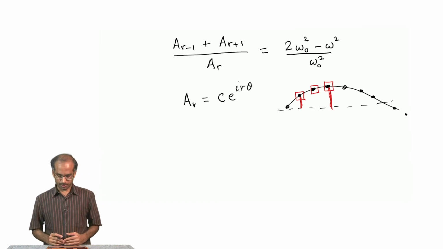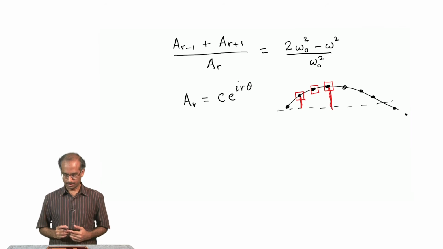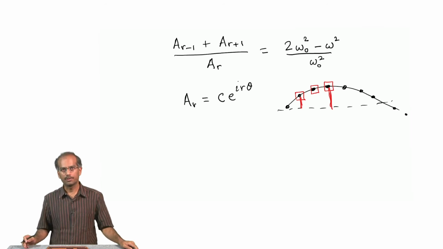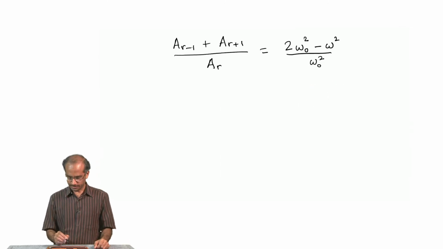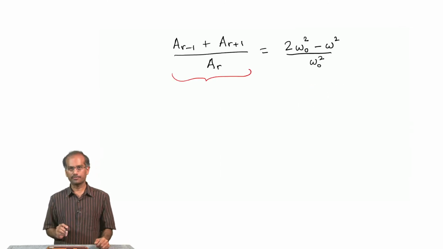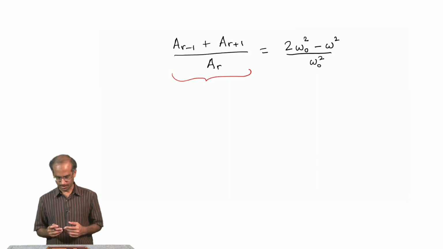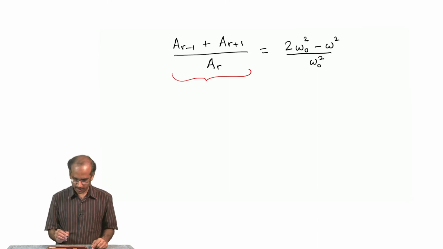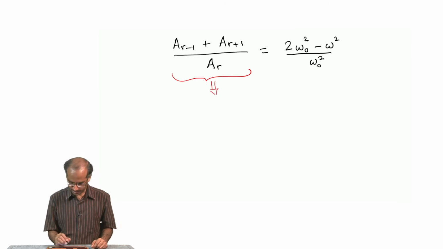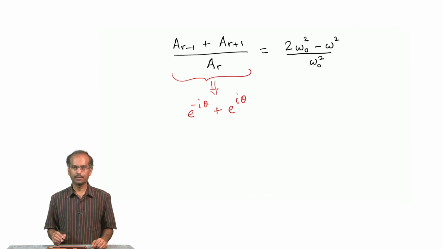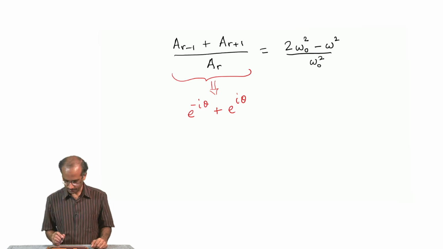Now, our next step is to simply substitute this assumed form for A r into this equation that we have. When I substitute all that in this part of the equation, it is a simple exercise, I urge you to do it yourself. You should be able to show that this quantity reduces to e power minus i theta plus e power i theta, and clearly it is in a very suggestive form.